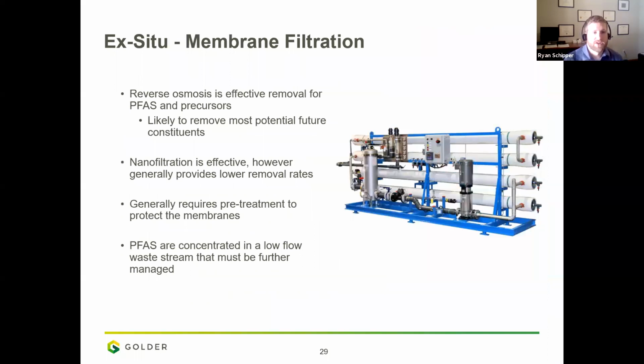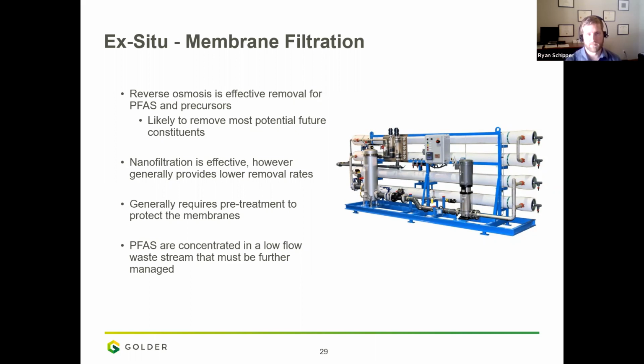So membrane filtration: reverse osmosis is very effective for removal of PFAS and precursors. You're removing most everything in the water. That can be a very good thing in that you're likely future-proofing yourself against potential future constituents that might show up.